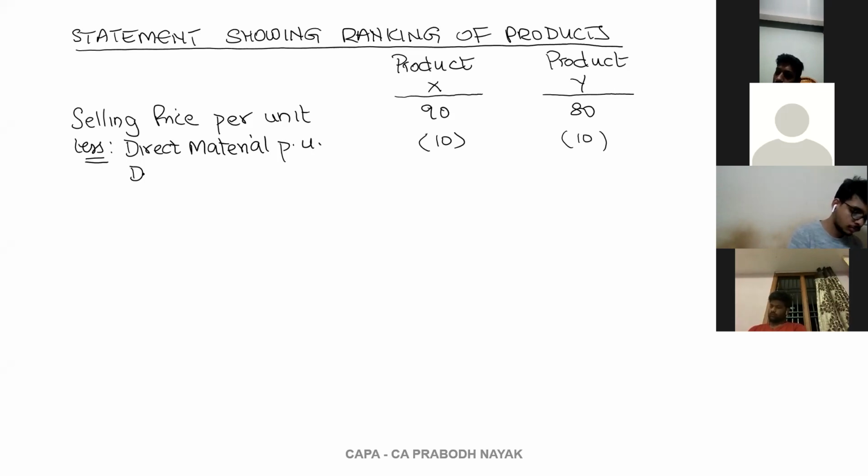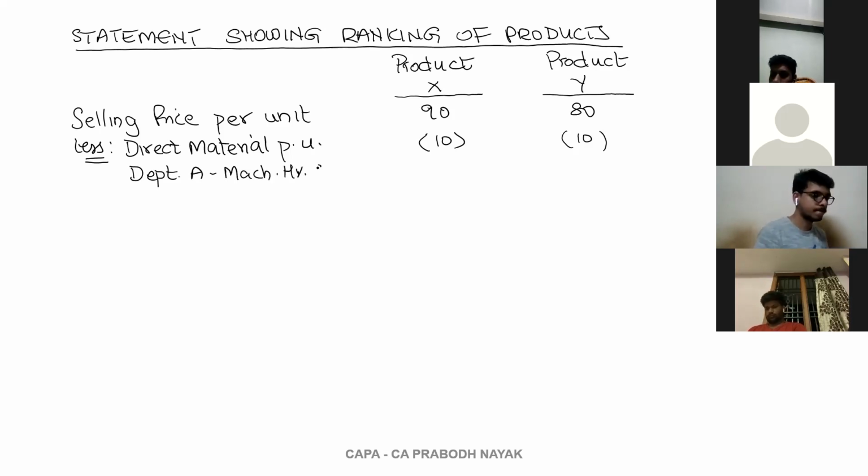Department A, machine hour cost is ₹40 per hour, and per unit it is 0.5 hours for X. So 40 into 0.5 is 20, and 40 into 0.3 is 12.